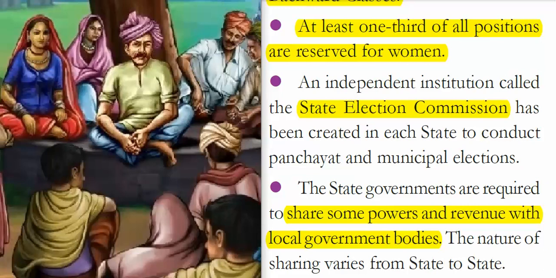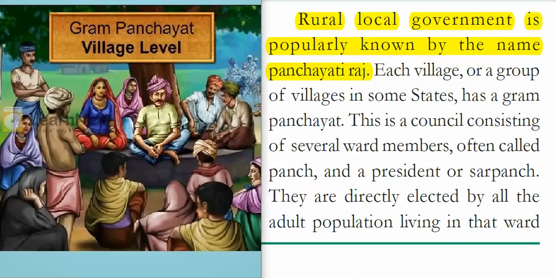An independent institution called the State Election Commission has been created in each state to conduct panchayat and municipal elections. The state governments are required to share some powers and revenue with local government bodies. Rural local government is popularly known by the name Panchayati Raj.